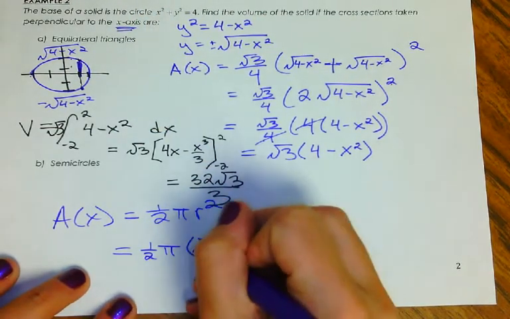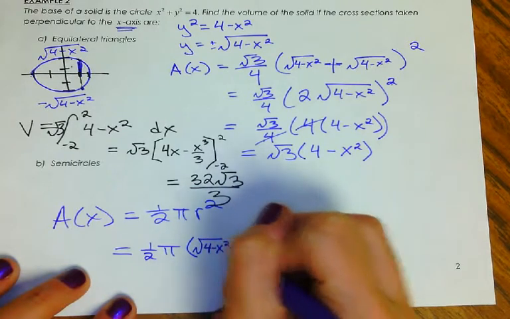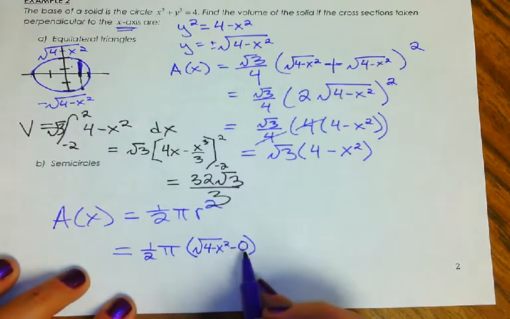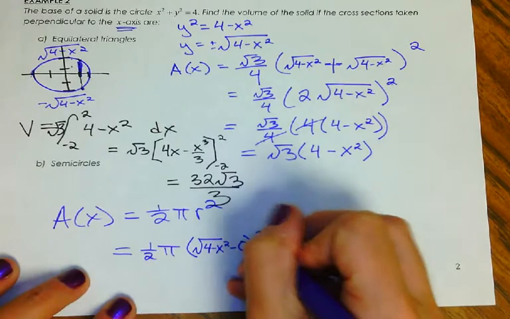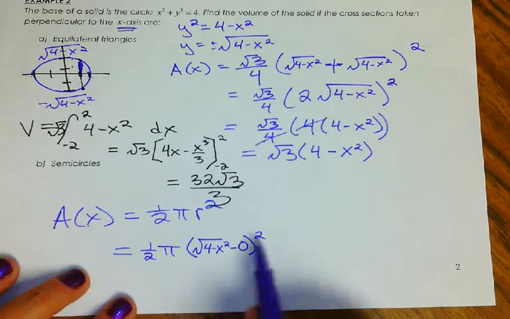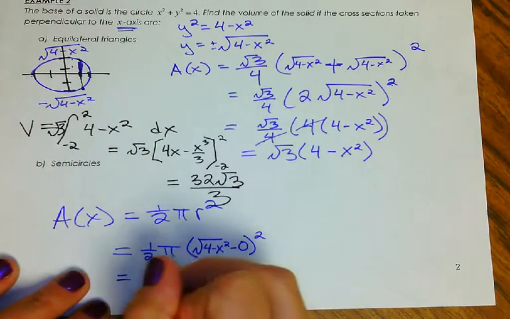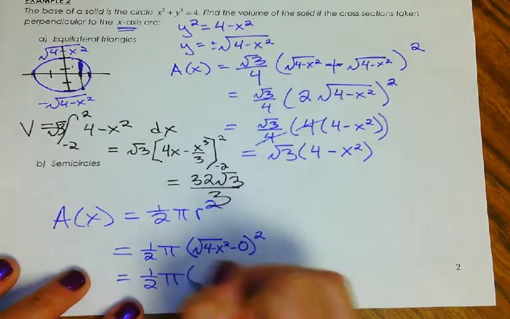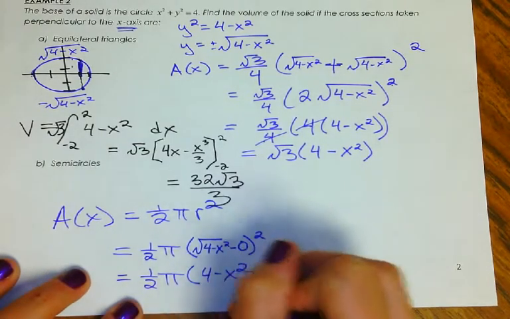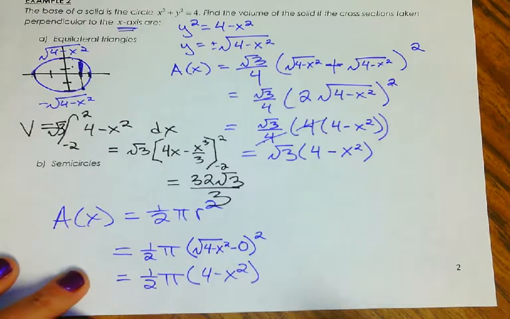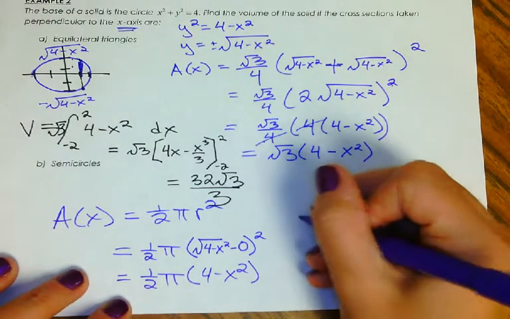So it's determined by the square root of 4 minus x squared minus 0, top minus bottom, and then squared. This one works out nice because those kill each other off. So you've just got 4 minus x squared, and now you can drop that into the volume formula.